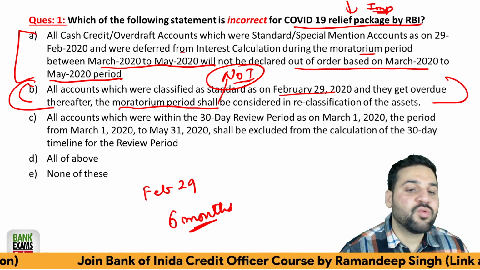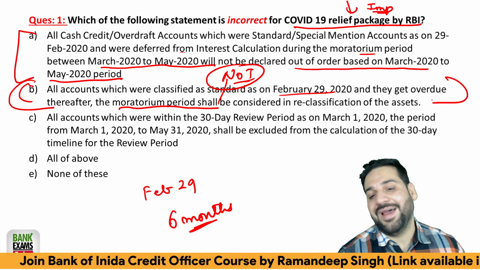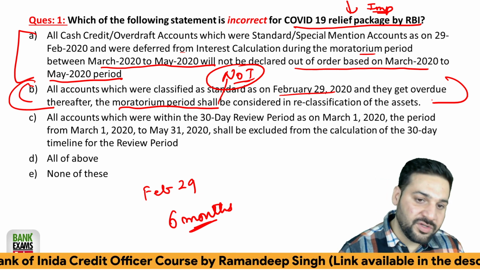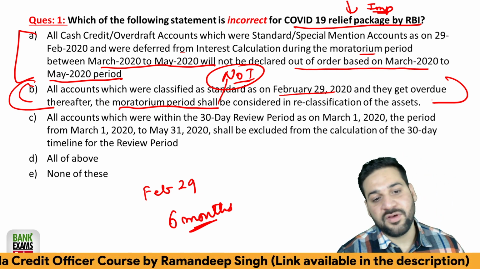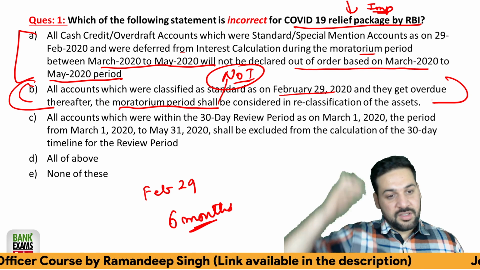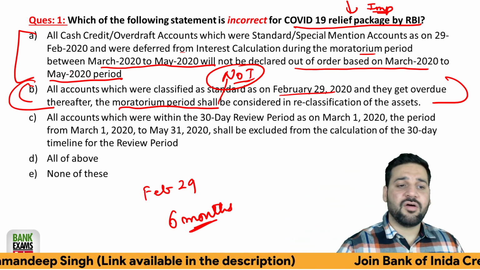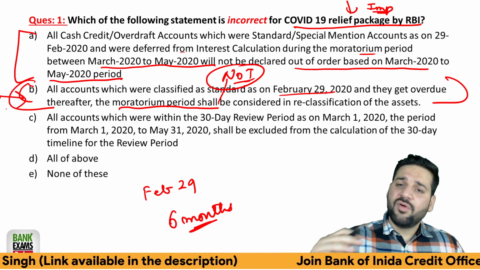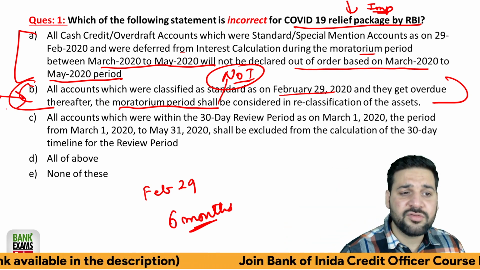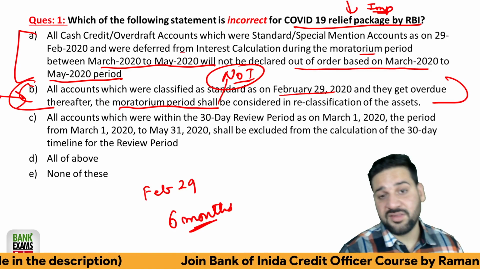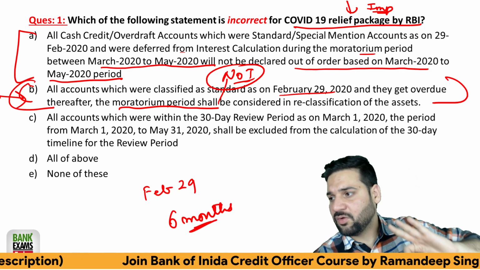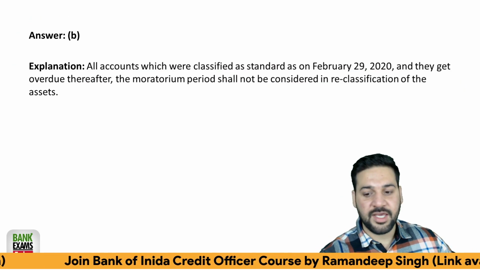All accounts which were within the 30-day review period as on 1st of March, the period from 1st of March to 31st of May shall be excluded. That is correct. That period was excluded according to the second statement. The period was not excluded in the other statement, which is false. So B is the correct answer. Basically B is false; that period must not be counted.